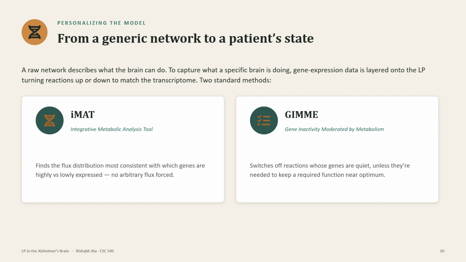Similarly, IMAT sorts reactions into high and low expression, and it tries to maximize how many reactions agree with their expression state. Again, this agreement is yes or no, so we'll have binaries, which will be used at every node by an LP.